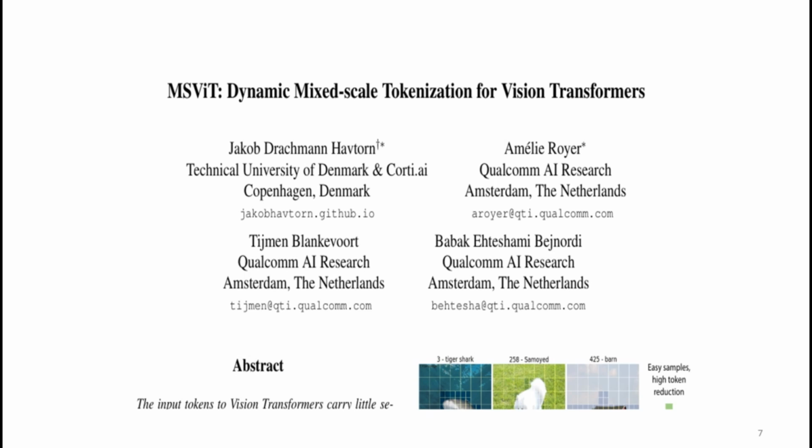Okay, the next paper is all about MSViT, dynamic mixed scale tokenization for vision transformers. Dear friends, a key limitation of vision transformers is that they process images by splitting them into uniform patches, regardless of the content of those patches.